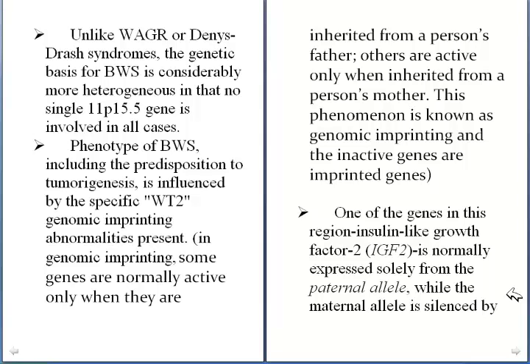Actually, what really happens is that some genes are normally active only when they're inherited from a person's father, others are active only when they're inherited from a person's mother. Only some of the genes follow this pathway, otherwise most of the genes are activated whether they come from the paternal side or maternal side. But some of the genes are active only when they're inherited from a person's father, and some are activated only when they're inherited from a person's mother, and this phenomenon is known as genomic imprinting.